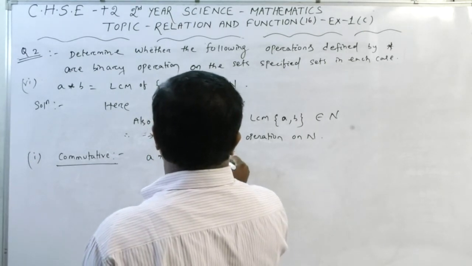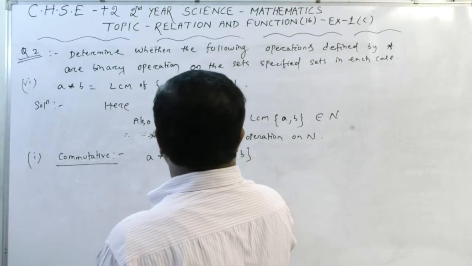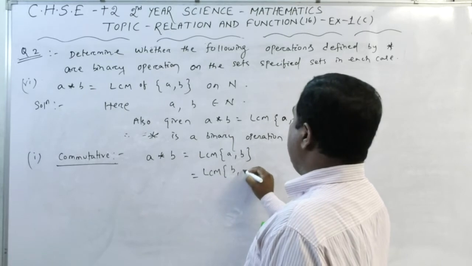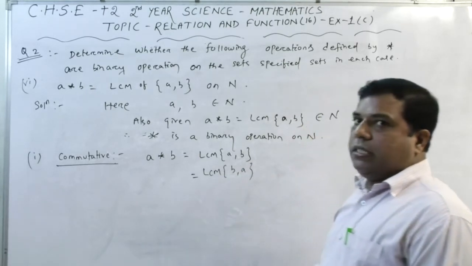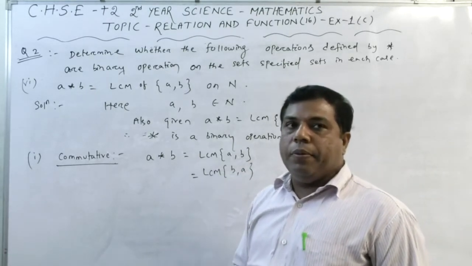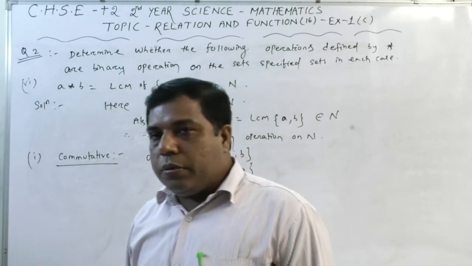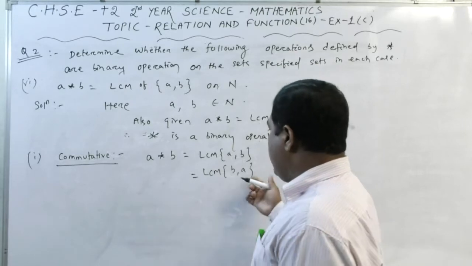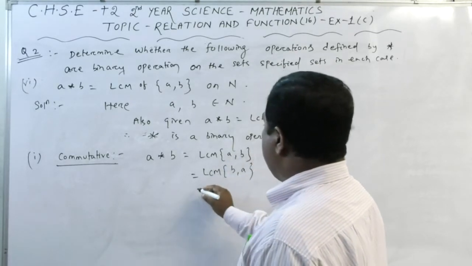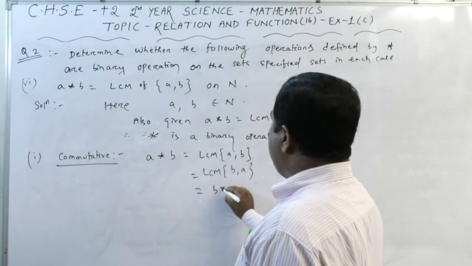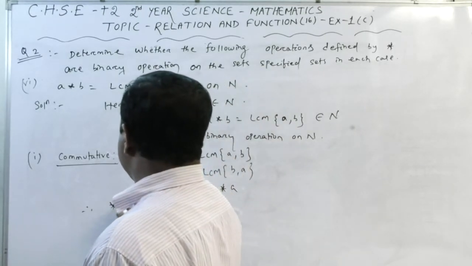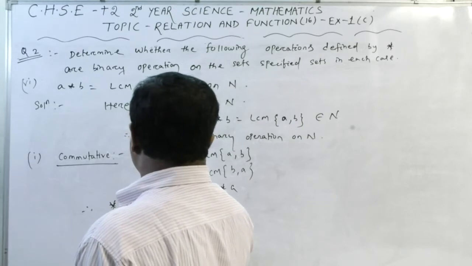LCM of A and B, which is equal to, if I change it to B and A, in both cases, the LCM of 10 and 20 is equal to the LCM of 20 and 10. Okay, so there is no difference. So it is equal to B star A. So what is the conclusion? Therefore star is commutative. Okay.